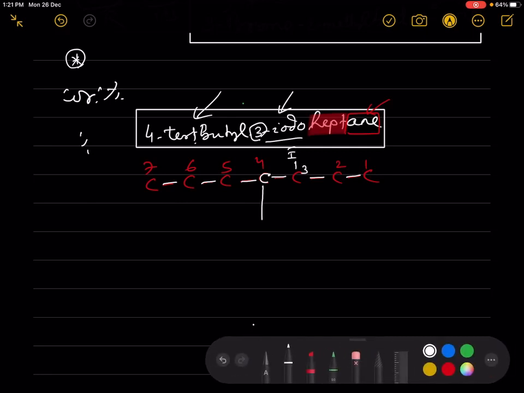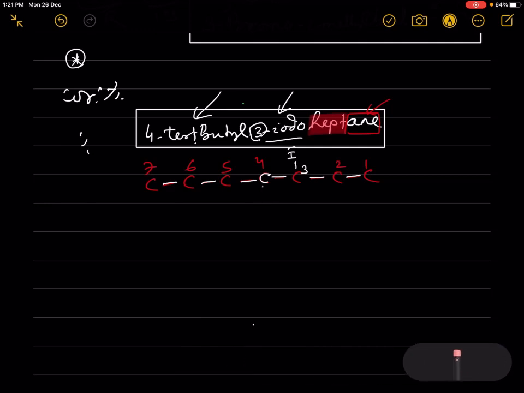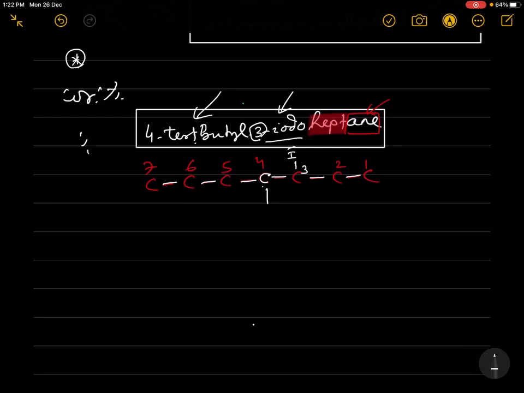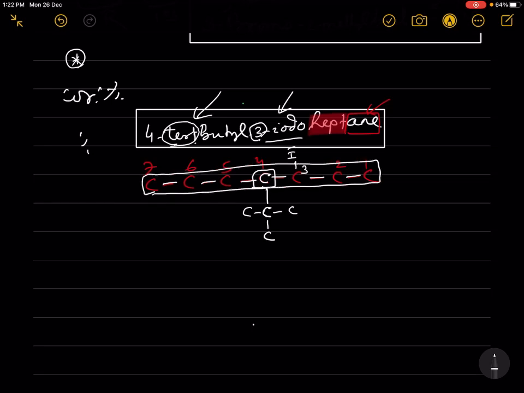Here at number 4 position you have to write tert-butyl. Tert means there is a tertiary carbon. Here I have written only 1 carbon. Tertiary means that carbon is connected to 3 carbon atoms on 3 different sides. Don't include this carbon because this carbon is included in the parent chain. So you are writing the tert carbon at the number 4 position.